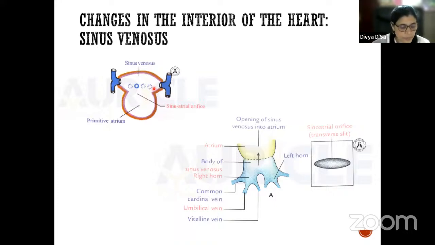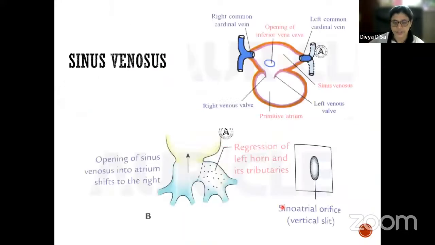Those will be there. And here between the primitive atrium and the primitive ventricle, this will be the sinoatrial orifice. The transverse slit will be there. So this is how it is in the initial stage.